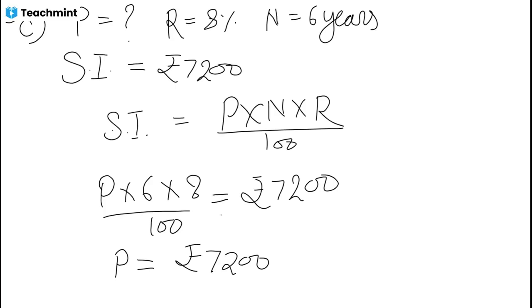And if something is divided on the left side, by changing the side it will multiply. So we have here 6 into 8. Got it now? Yes. Okay, so let us simplify now.